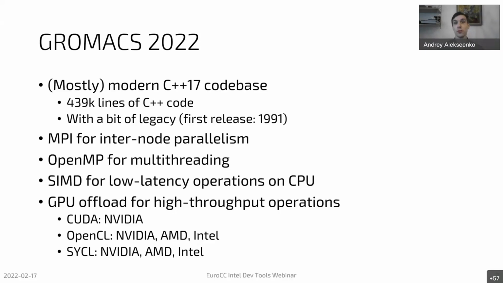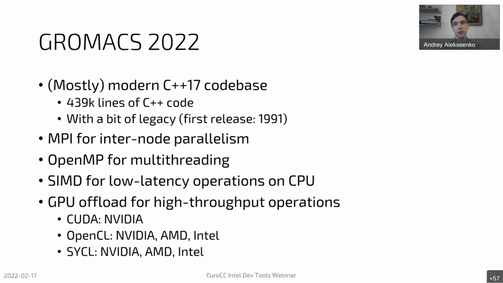And GROMACS already uses multiple levels of parallelism. It uses MPI for communicating between multiple nodes in the cluster. Within a single node, it uses OpenMP to distribute the load between different cores of the CPU. There are SIMD intrinsics for compute-intensive parts of the CPU code, and as I guess in most modern molecular dynamics code, we support GPU offload.